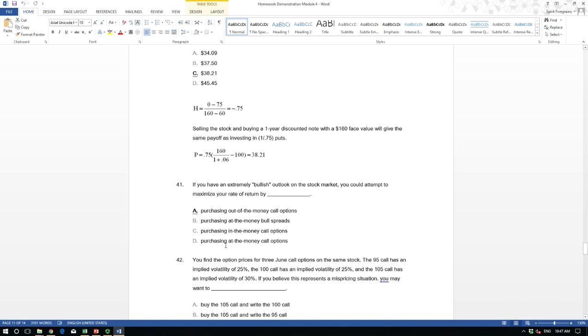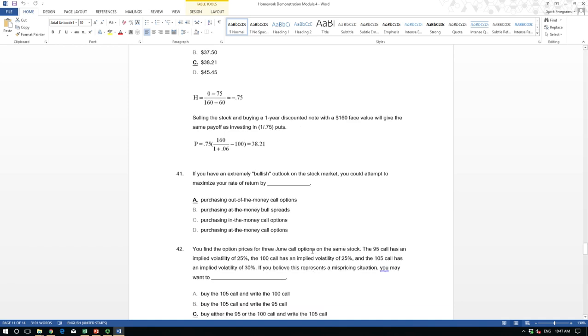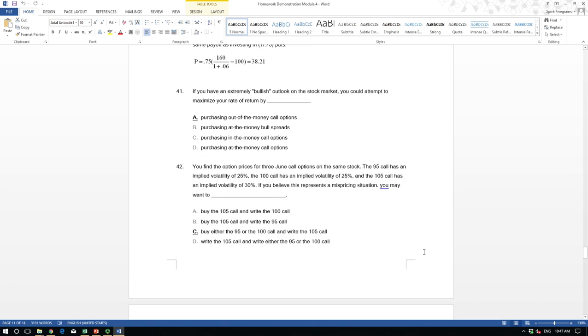It's just that you want to achieve the maximum amount of return, which means you want to achieve the maximum amount of leverage. What kind of option can allow you to achieve maximum leverage? Well, it is the out-of-the-money call option that will allow you to achieve the maximum leverage. A is the best answer.